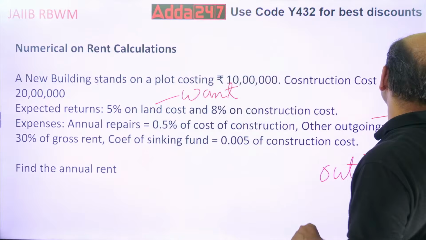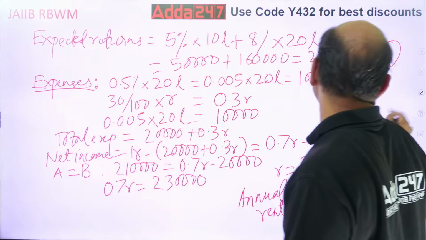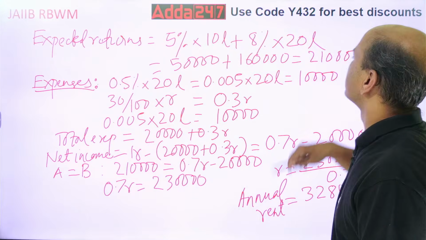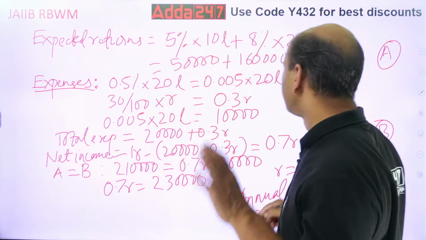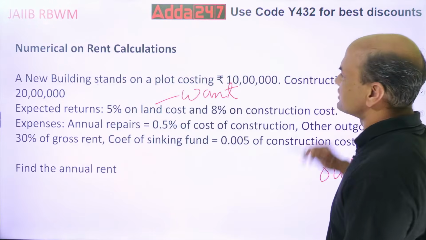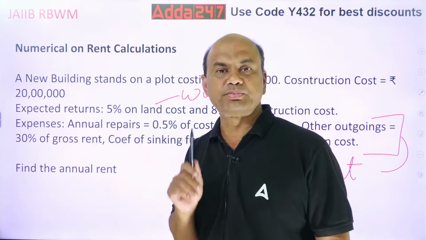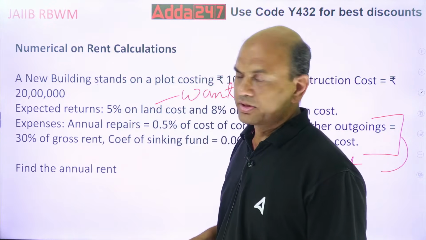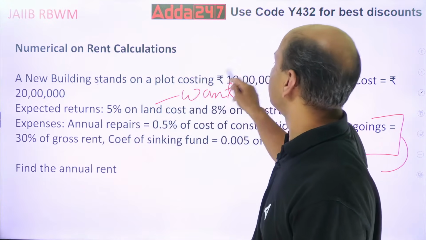Expected returns. Pay attention everyone. I'll tell you how to solve, because I already have this solved. You all give me what is my expected return now. 5% on land cost, and land cost is 10 lakhs.